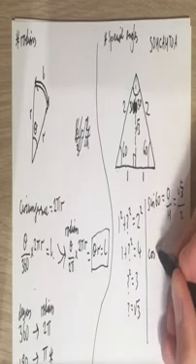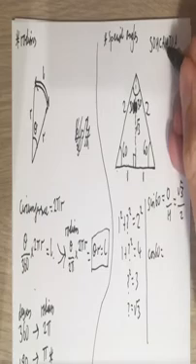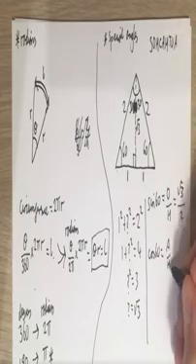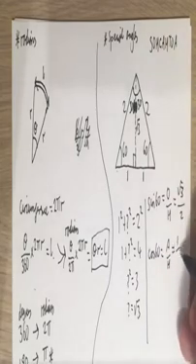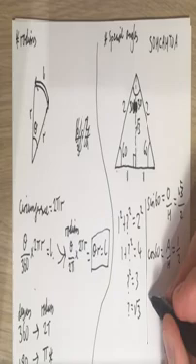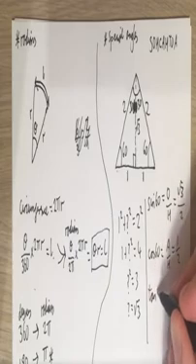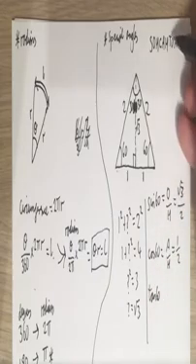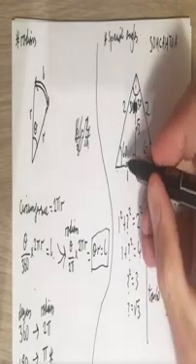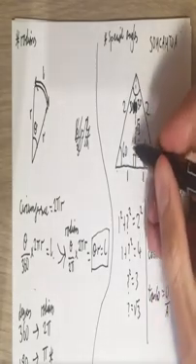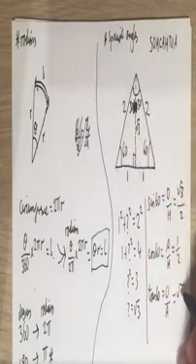I can do cos 60. Cos is adjacent over hypotenuse, which for that angle there, the adjacent is 1, the hypotenuse is 2. Cos 60 is a half. I can do tan 60. Tan is opposite over adjacent, so for this angle here it's root 3 over 1, which is root 3.